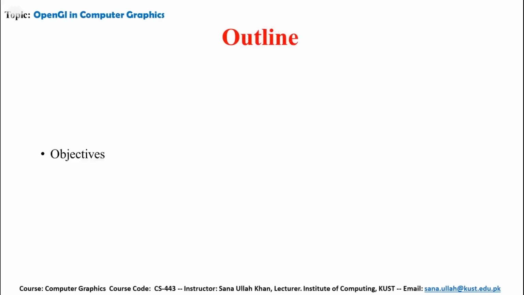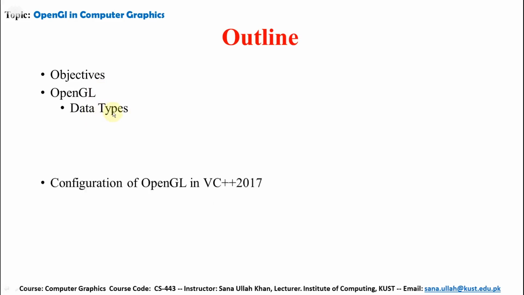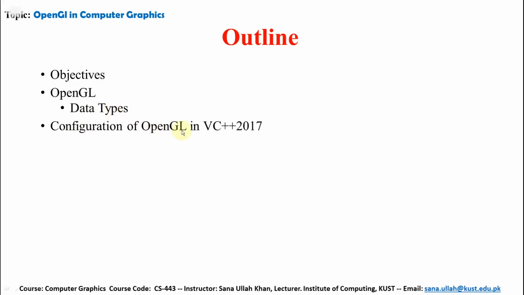This is the outline. The basic objectives of the OpenGL program. What is OpenGL? Data types used in OpenGL. Configuration of OpenGL in Visual C++ 2017. How to create and configure a new project in OpenGL.